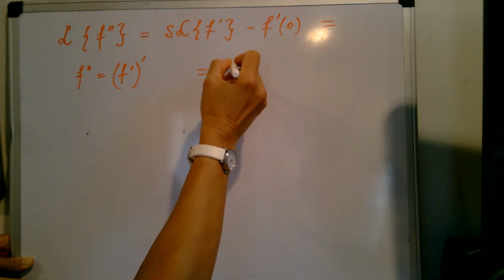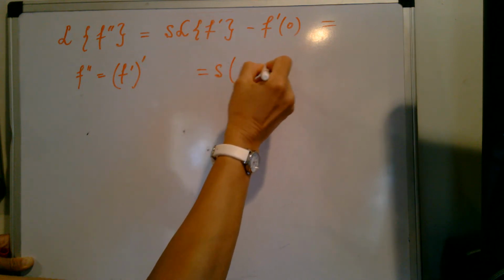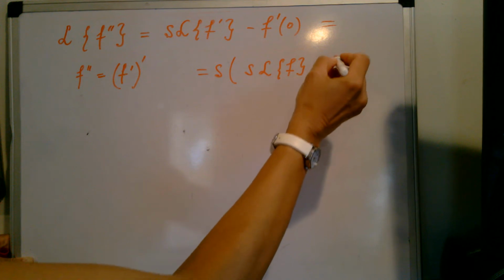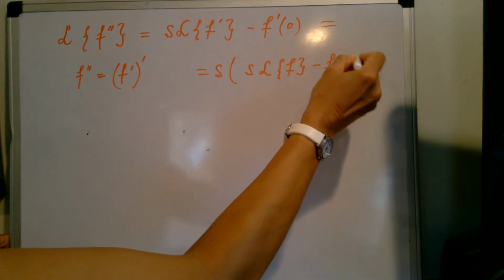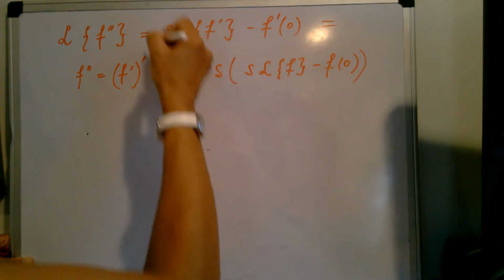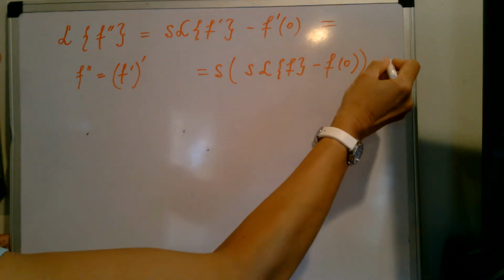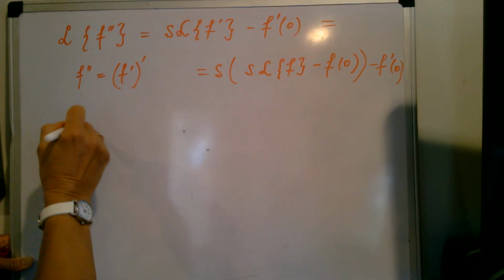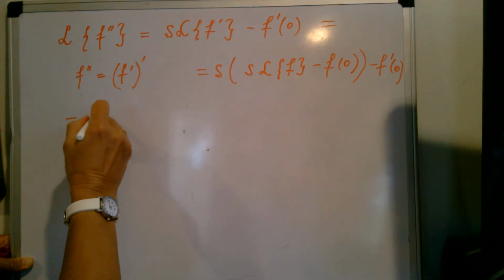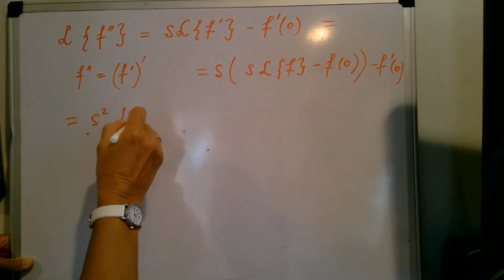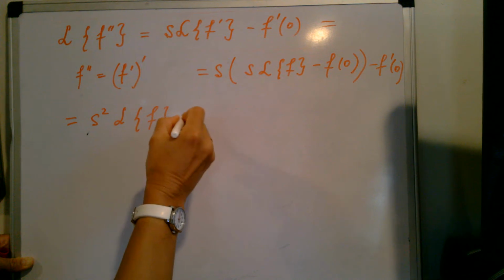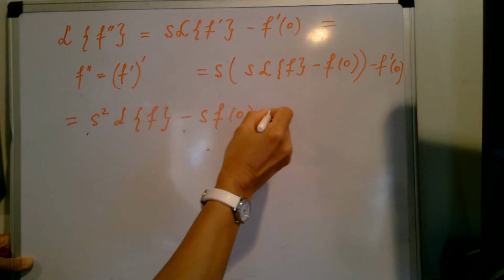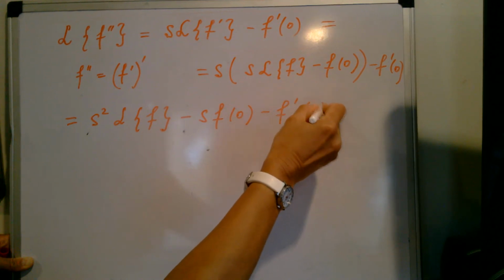s, and here I have s Laplace transform of a function minus f of 0, and this is just this first term, and I'm copying the last term, minus f prime of 0. I'm going to combine these two s together as s squared Laplace transform of a function minus s f of 0 and minus f derivative of 0.